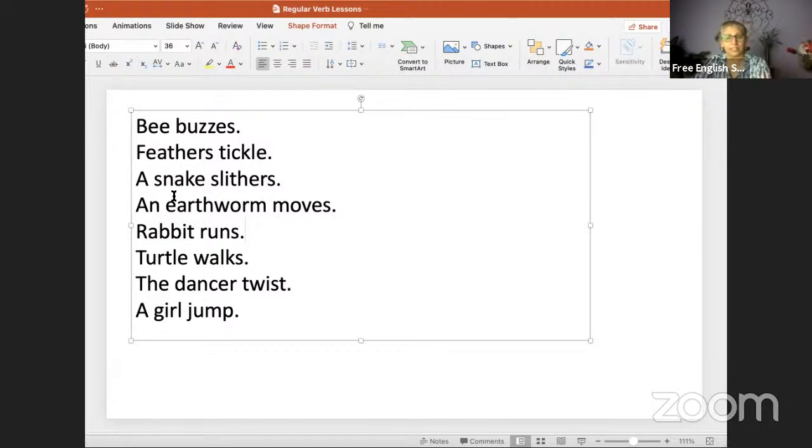The action is there. Who is performing that action? The noun. So in these, for example, bee, right? Or feather, or snake, earthworm, rabbit, turtle, dancer, girl. So you can see only one noun and one verb.